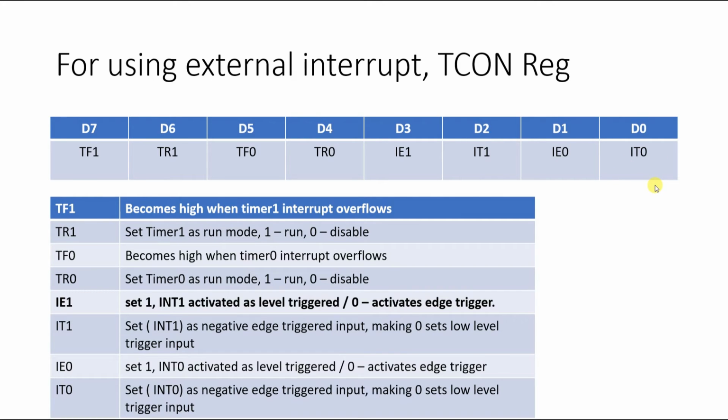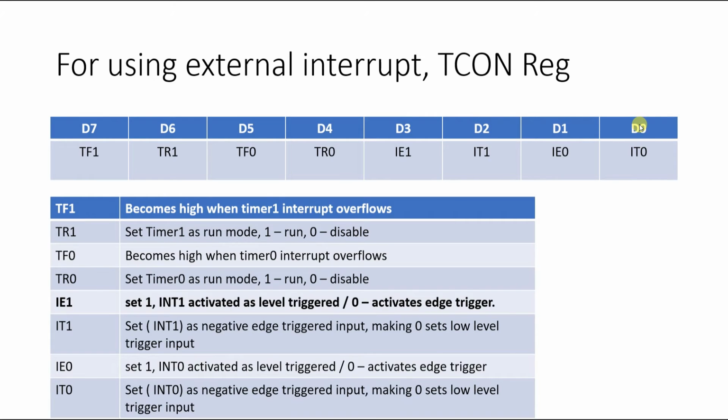So if you're not understanding it, just assume for now that you make IT0 bit high and see what happens next. After doing several iterations with these bits, you will get the gist of it. For now, I'm going to make IT0 bit 1 because I want my interrupt to appear when a 0 signal is given to the external interrupt pin.